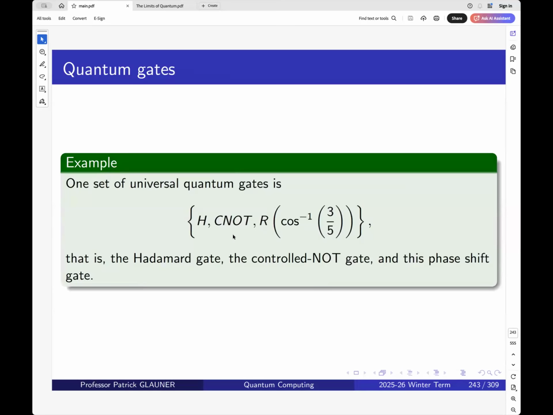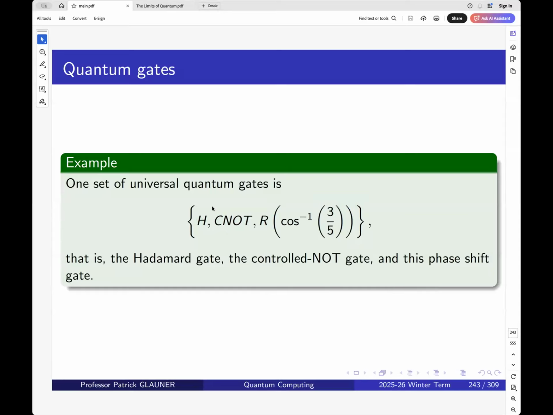And there's one example in the literature, but it's just one of many examples, that the set of these three gates would be, for example, a universal set of quantum gates. So we have H, which is Hadamard, which creates our superposition, and we have CNOT, which is the controlled NOT. We've studied this last week, plus some phase shift by a certain angle, as we see here. If you combine these three quantum gates, you have a universal set of quantum gates.